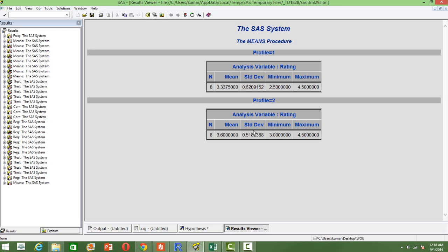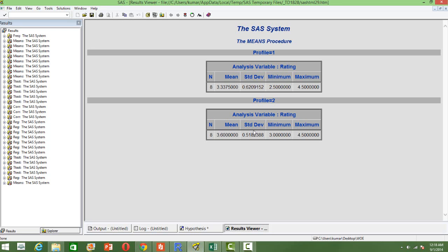And what does variation actually talk about? Well, the variation in data is an important aspect of data, because there could be employees who have a very bad rating, and there would be employees who have a very good rating. So the variation is quite high. Whereas in profile 2, most of the employees have ratings very close to each other.